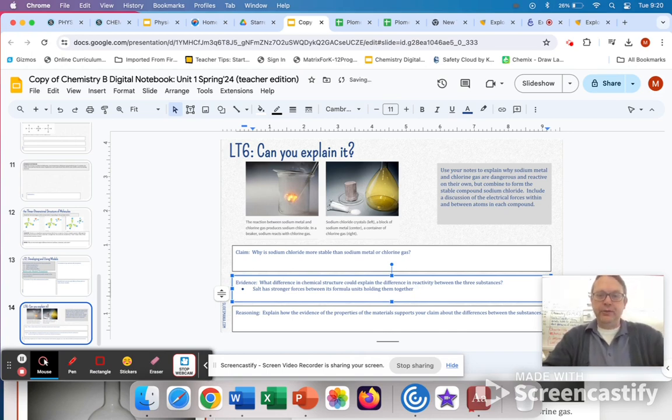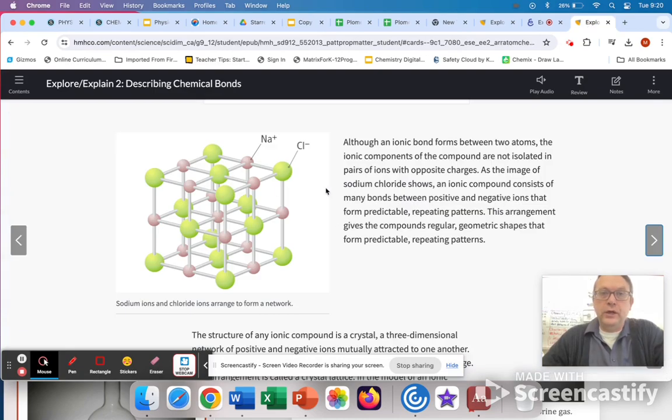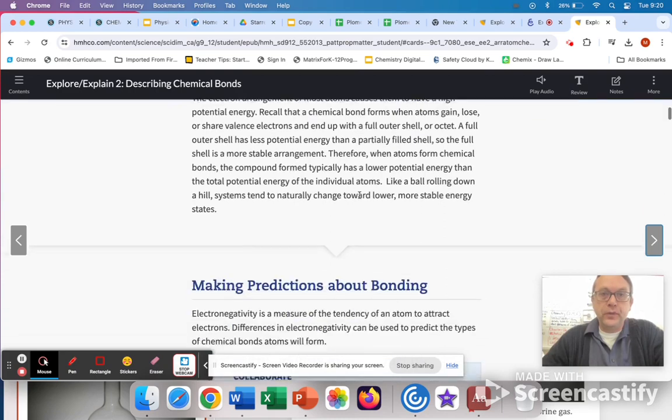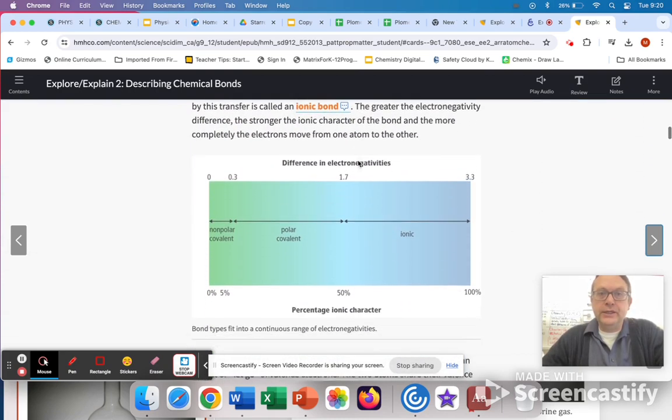And that's why it melted last. That's a key piece of evidence. So then we talked about what these bonds are. Another thing we discussed was electronegativities.